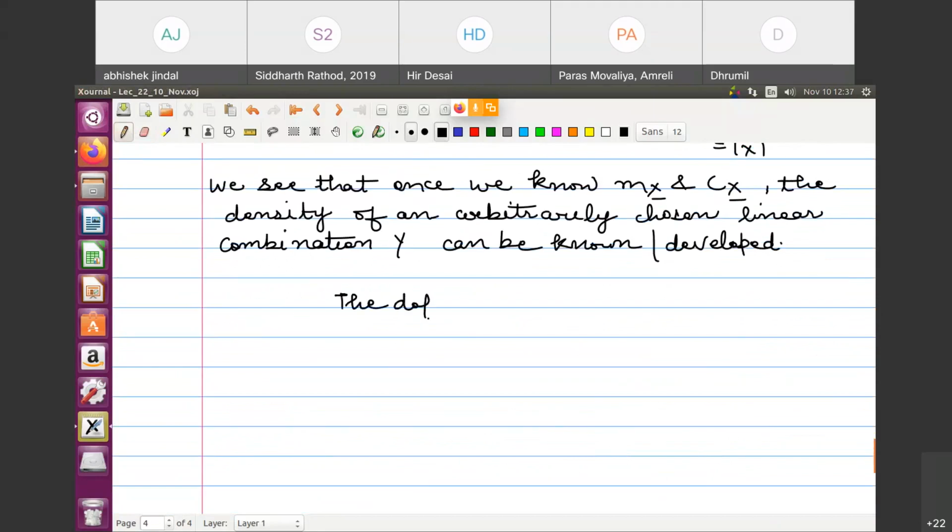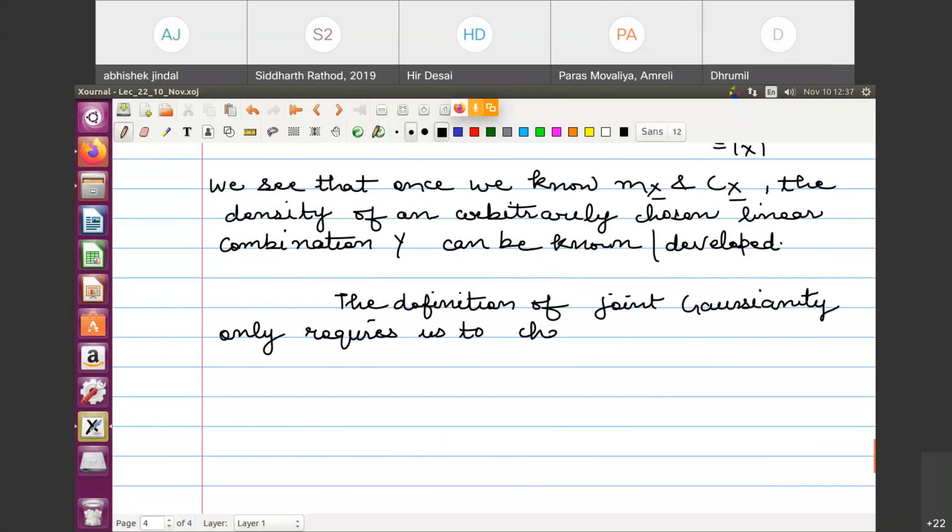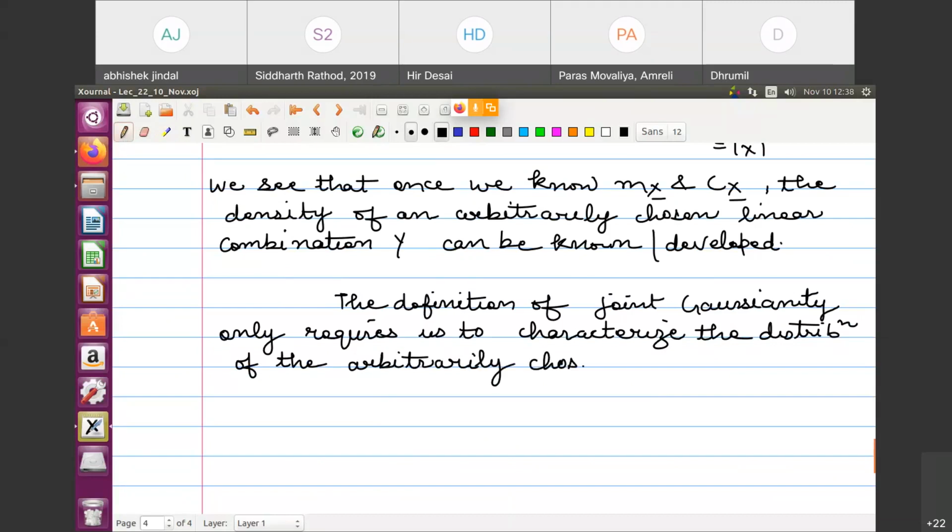So the definition of joint Gaussianity only requires us to characterize the distribution of the arbitrarily chosen linear combination of x1 up to xm.